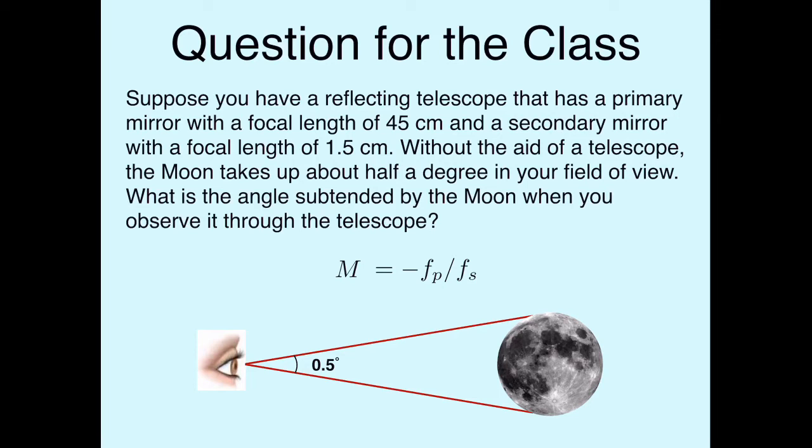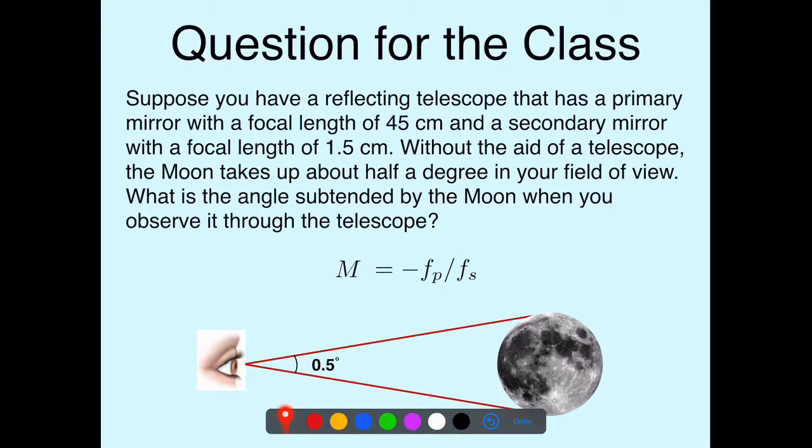Suppose you have a reflecting telescope that has a primary mirror with the focal length of 45 centimeters and a secondary mirror with a focal length of 15 centimeters. So let's say we're looking at the moon through this telescope. Without the aid of a telescope, if you're just looking at the moon with the naked eye, it takes up about half a degree in your field of view.